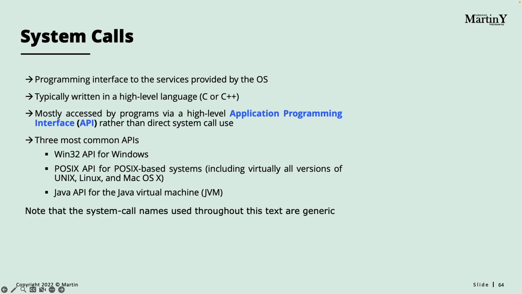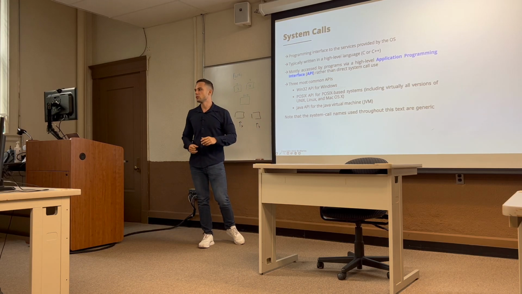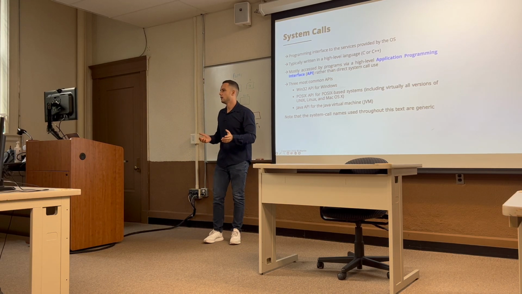Some of the most popular APIs for Windows, for example, is the Win32 API. With this API, by the way, because Windows now owns so many applications, for example, they also own PowerPoint, Word, Excel, so many of those.